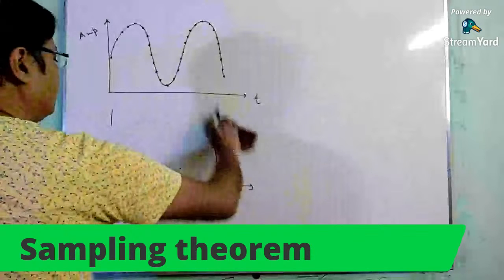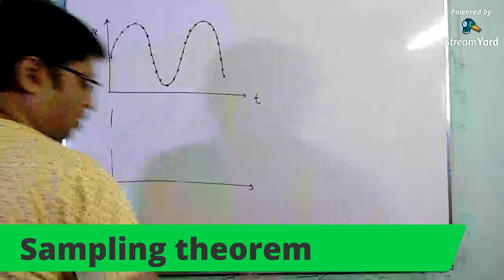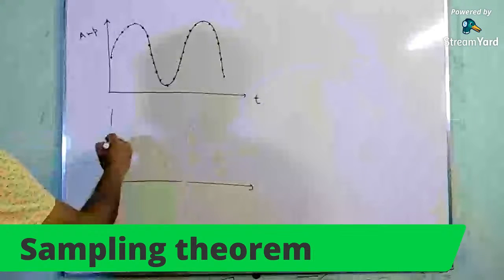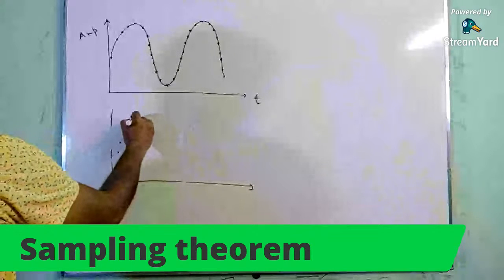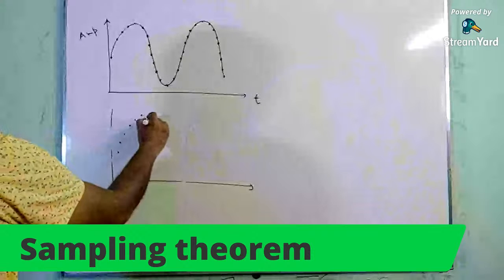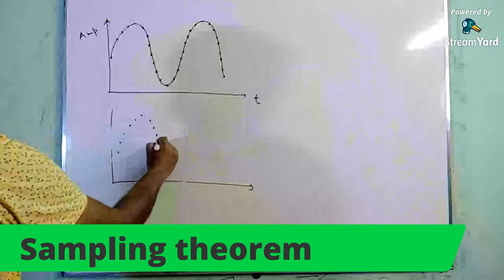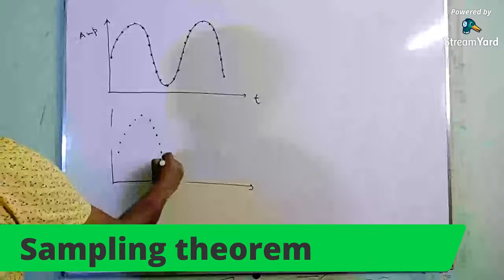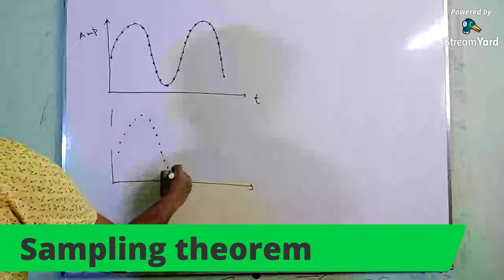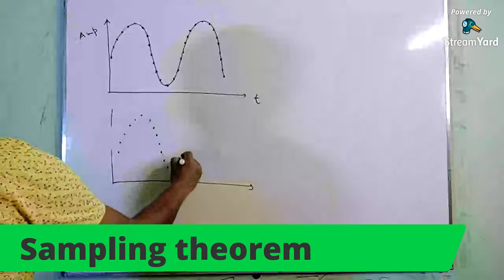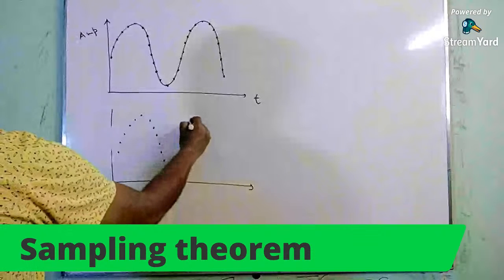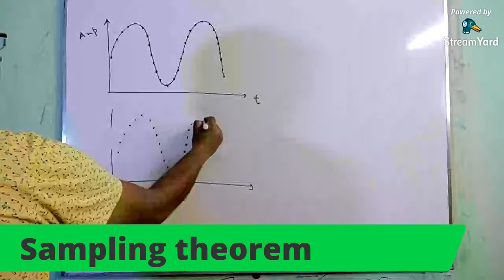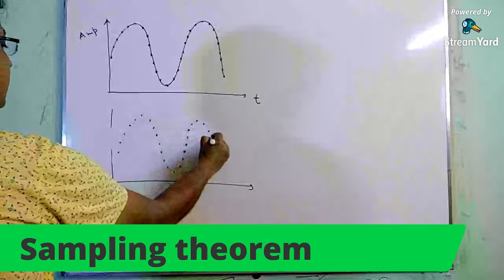Here the values can be plotted as this. I have taken values from the analog signal after each 5 seconds. Previously I had taken the values after a 10 second interval.